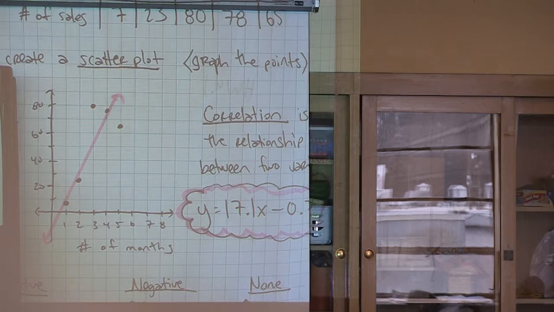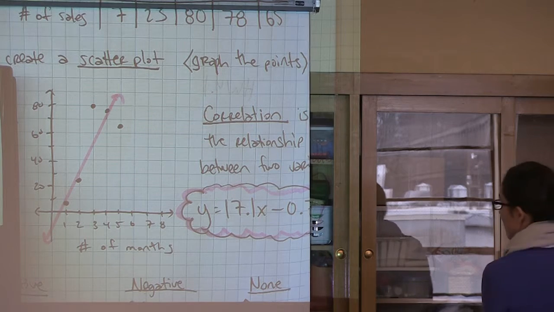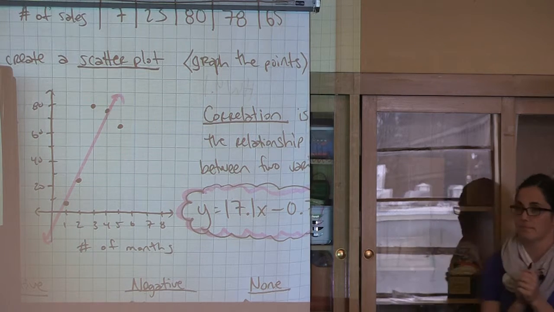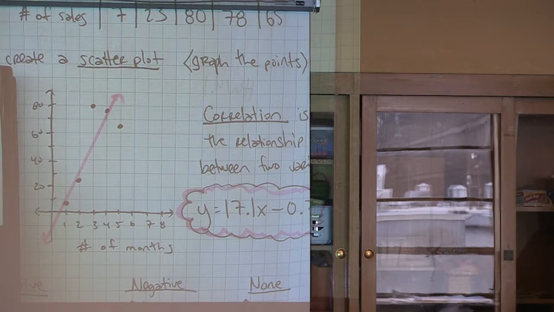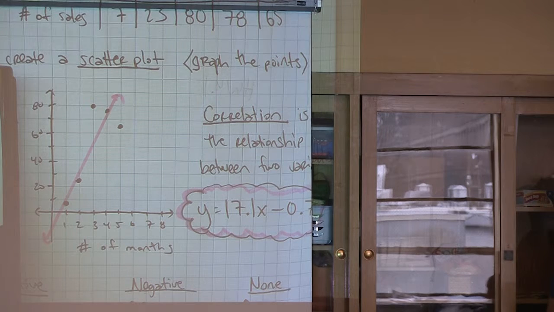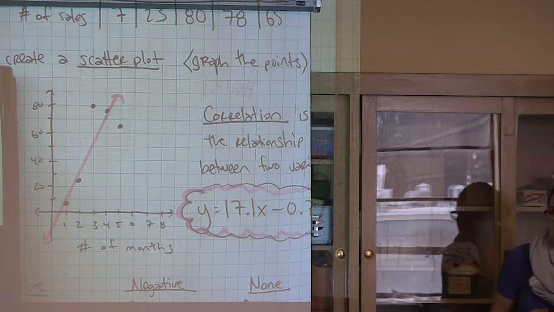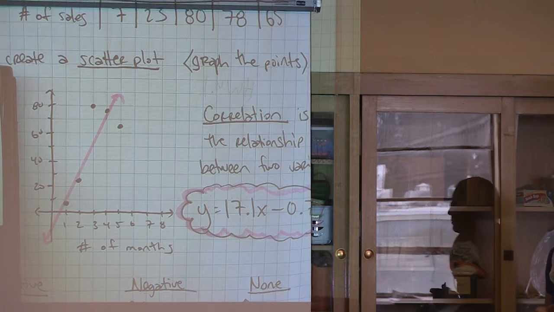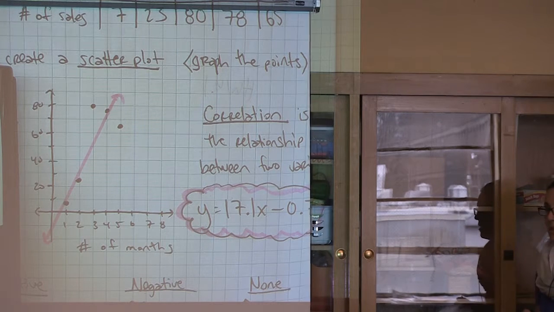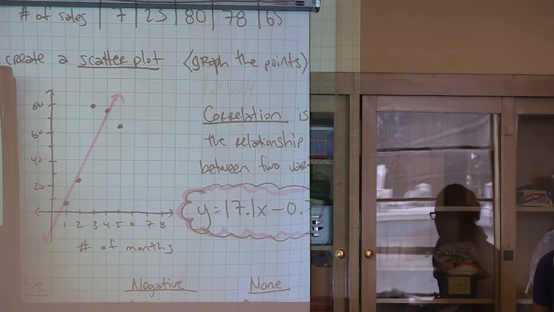Write it down, please. Use a complete sentence. The y-intercept is negative 0.7. This means that blank.